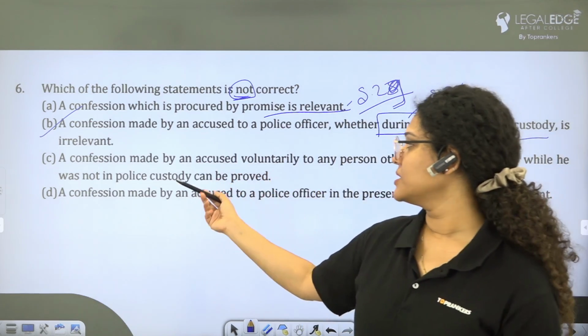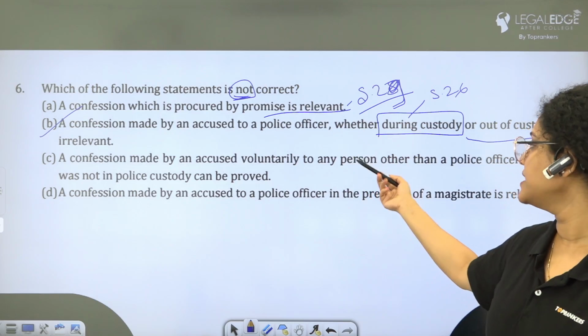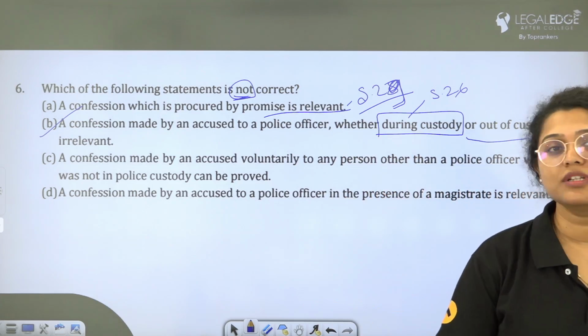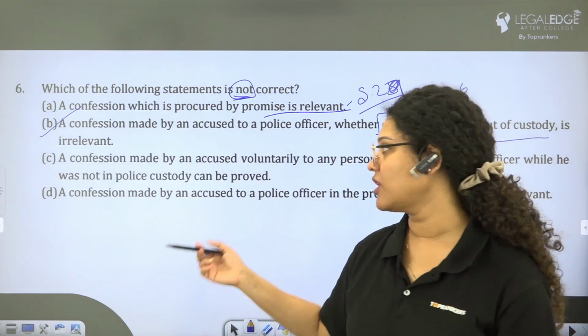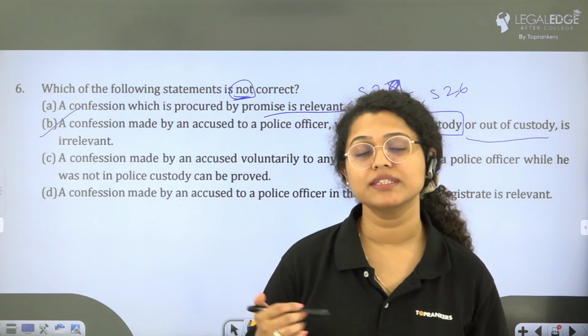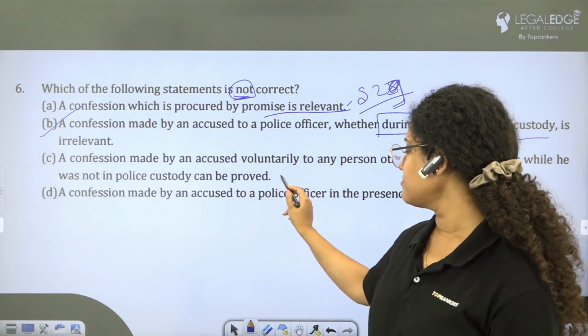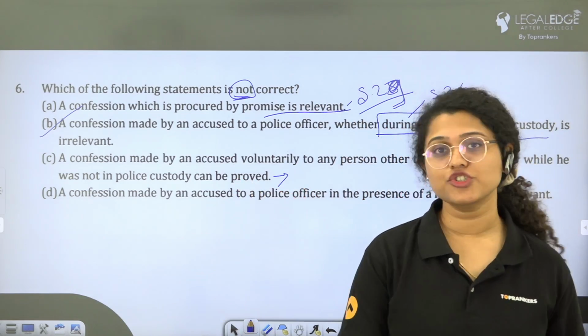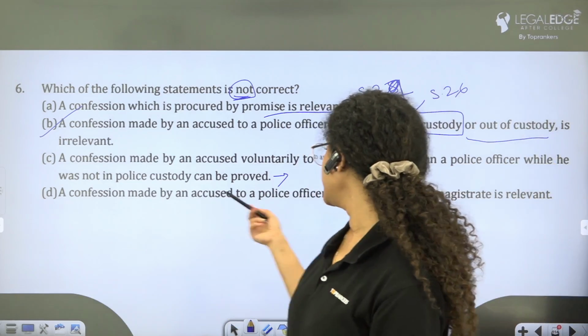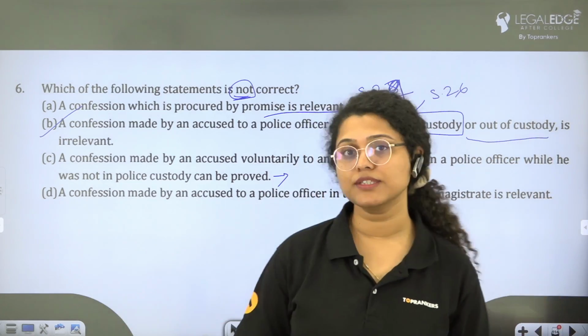Okay. Option C: a confession made by an accused voluntarily to any person other than a police officer while he was not in police custody can be proved. This is your general confession, a confession made to any person. This is an extrajudicial confession and this can be proved. D is a confession made by an accused to a police officer in the presence of a magistrate.